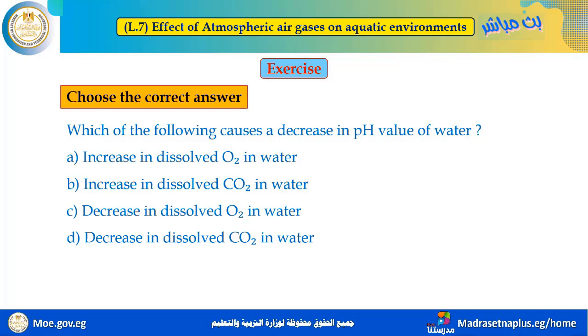A decrease in pH value means that the solution will be more acidic. Let's go for the choices: increase in dissolved oxygen in water, increase in dissolved carbon dioxide in water, decrease in dissolved oxygen in water, decrease in dissolved carbon dioxide in water.